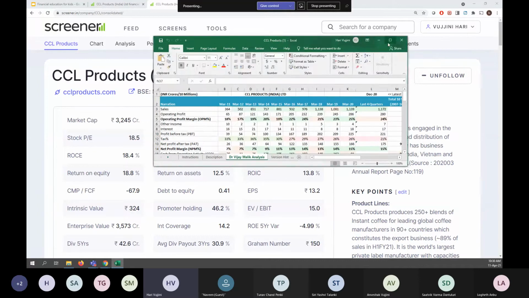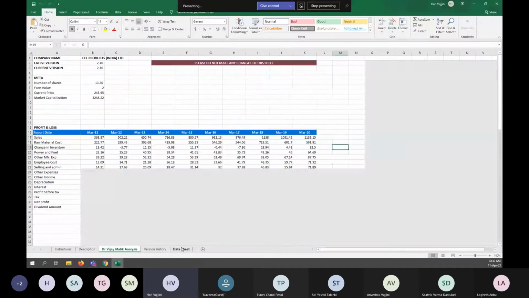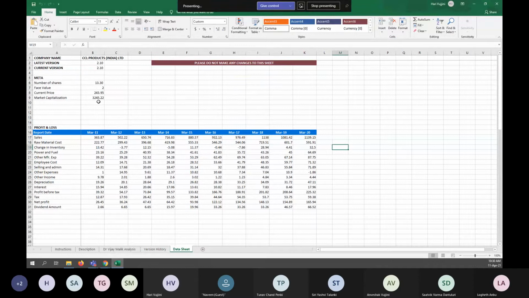Can anybody tell what is the number of shares outstanding? Oh, you forgot. You remember we talked about companies listing in the stock markets and then they sell tiny shares to the investors.